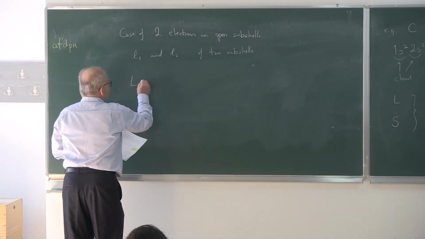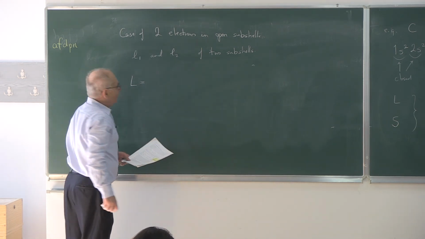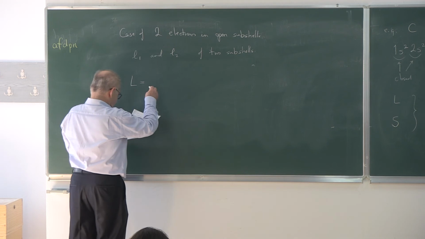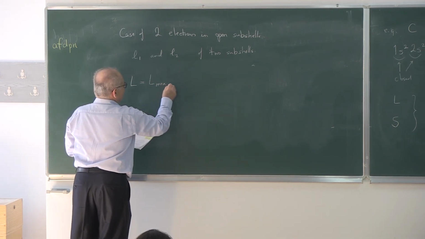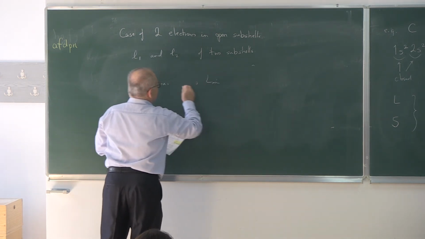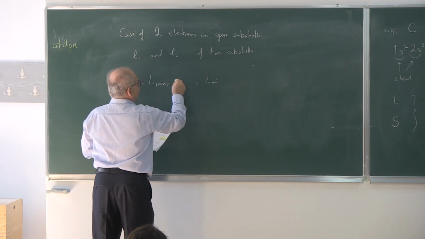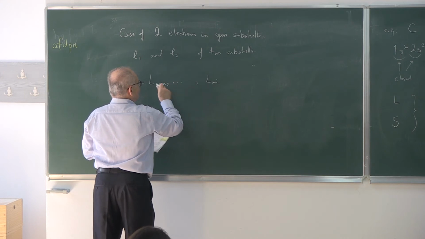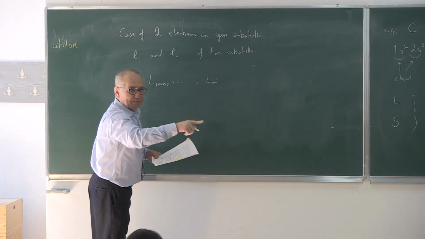The total possibilities for the total orbital angular momentum quantum number are, there is a maximum and there is a minimum. And if these are different, there are other values between L max and L min in integer steps.